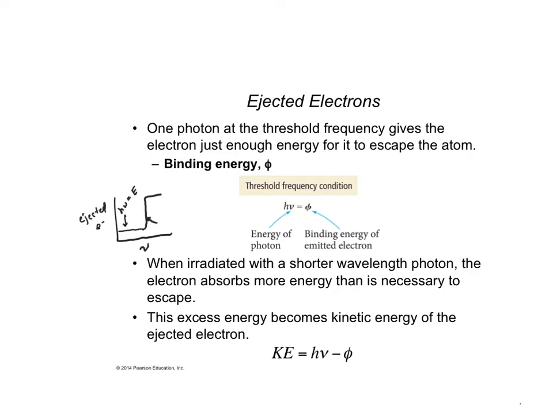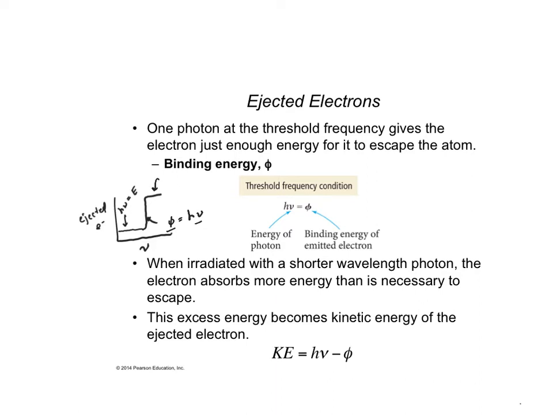And so the energy of the photon at this threshold frequency gave the electron just enough energy to overcome its bonds and be ejected. We call this the binding energy. So one photon of light with that energy was enough to break whatever bond it needed to get that electron out, right?